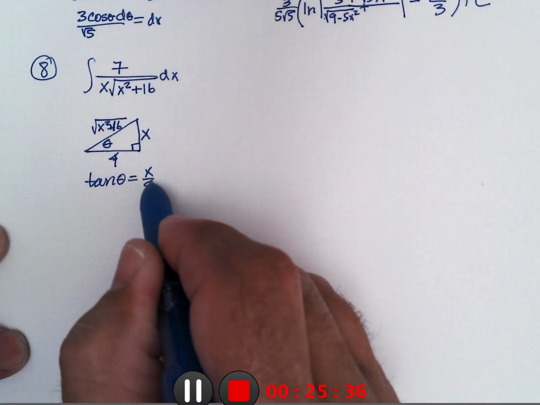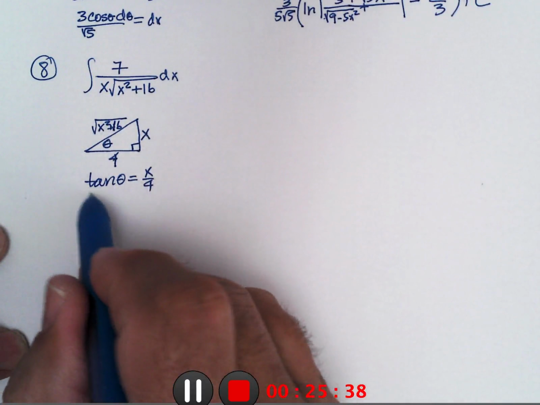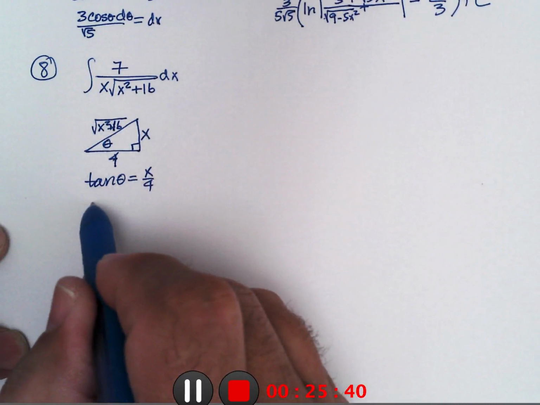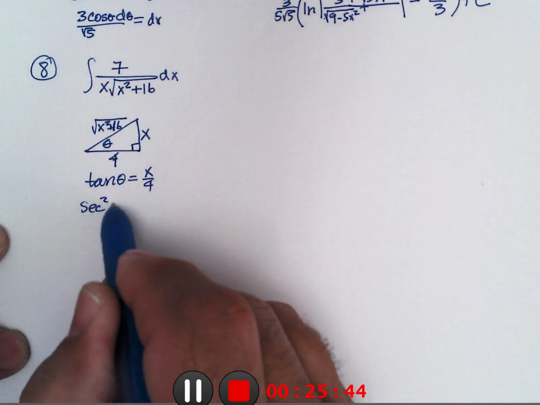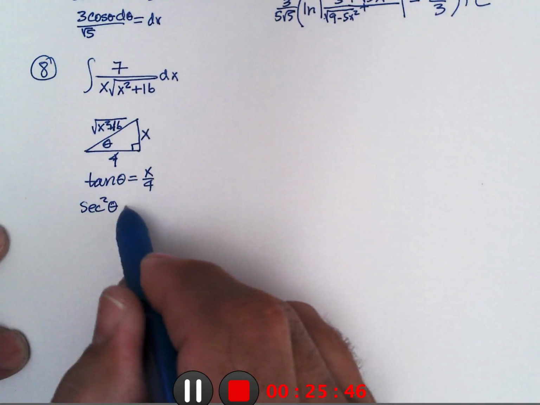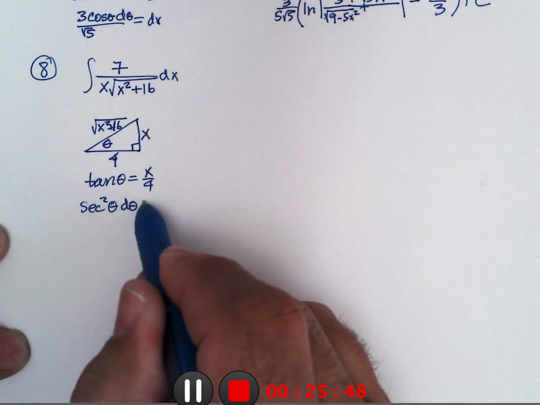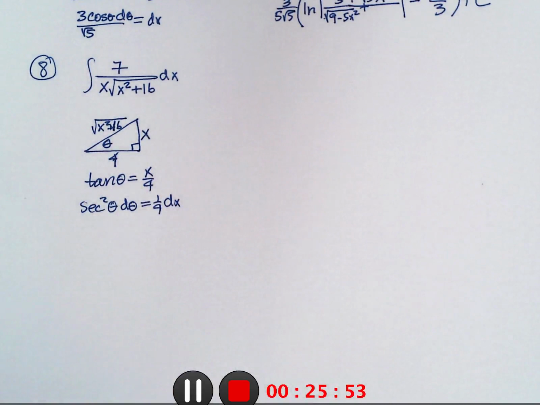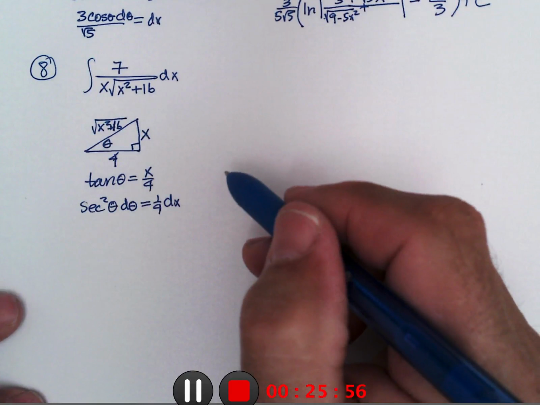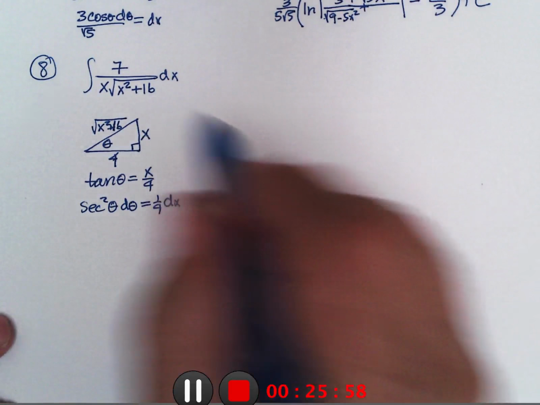And if I take the derivative of this to get a replacement for dx, I get secant squared theta is the derivative of tangent theta, 1/4 dx. Okay? And let's see, I need the square root, which I can use with this or this.